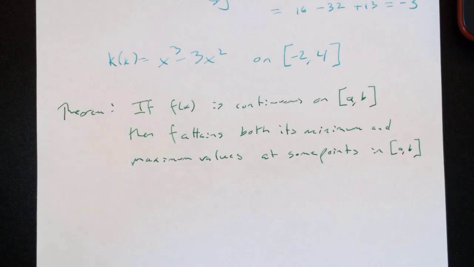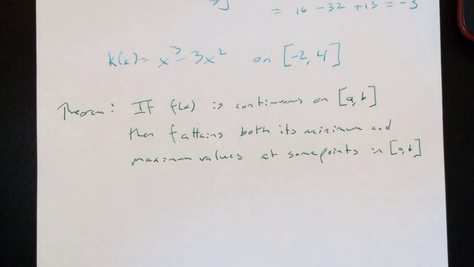That's a really good question. But this theorem says if I have a continuous function, then it must have a minimum value and a maximum value somewhere in that interval. There'll be a highest and lowest point.